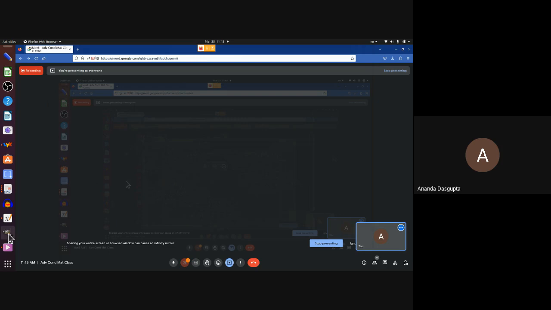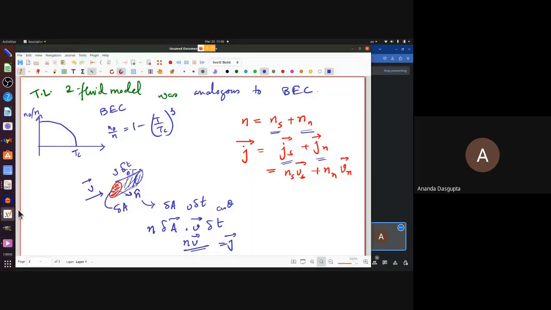Okay. So what Tisza and London had to do was explain all the phenomena that we have been describing, and they did a pretty good job of that using this two-fluid model. One point was, why did they believe there are two fluids? Because they thought that this was the same phenomenon.